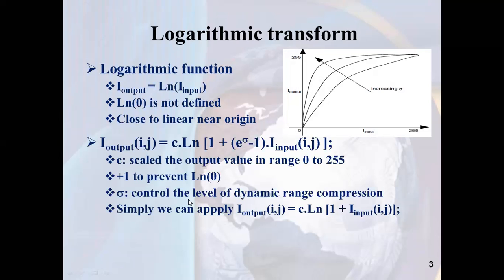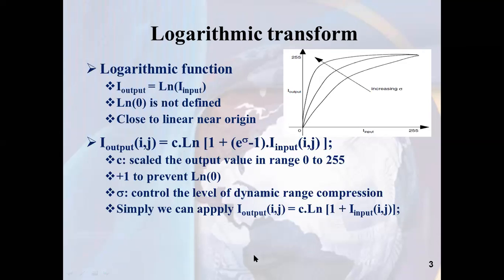So this is the basic formula: I output of ij, which is the value of the pixel at a specific position, equals the constant c, which is a scaling value that can be used to scale the maximum to be 255, times ln(1 + (e^sigma - 1) times I input) at the same position ij of the pixel.